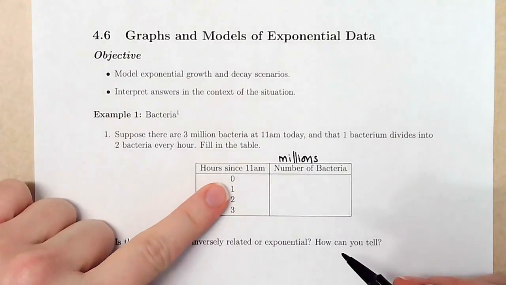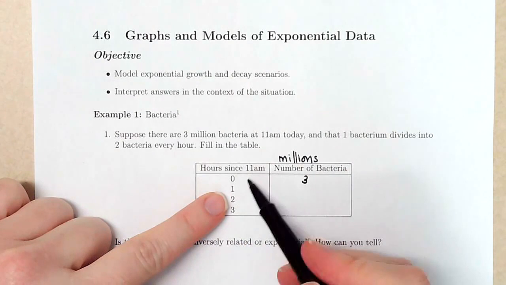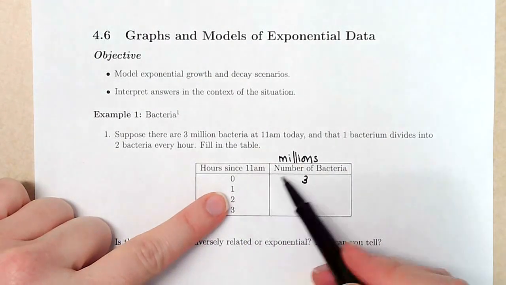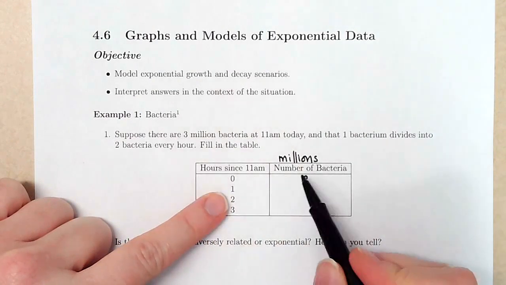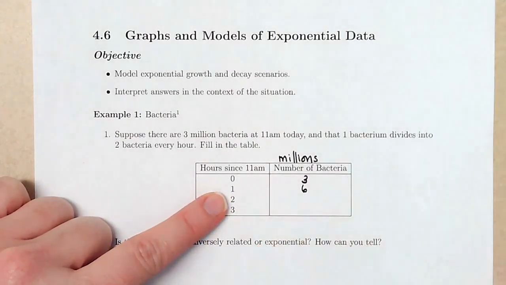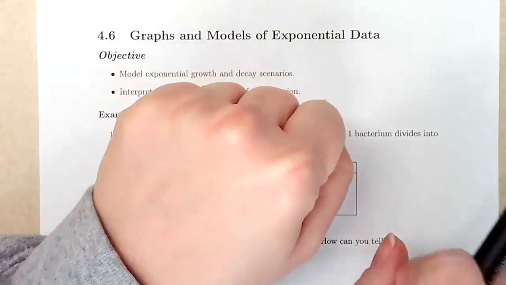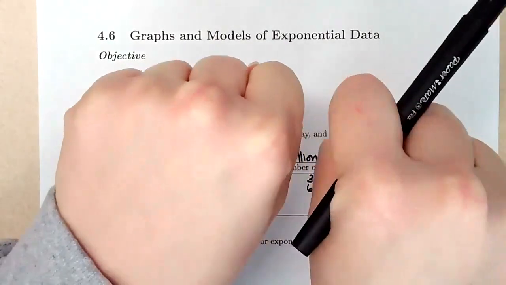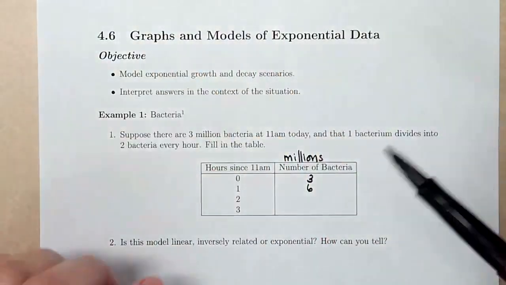Okay, so at 11, 3 million. At noon, well, each one of them divided into 2. So there should be 6 million, because every one now became 2, right? So everyone became 2, and so we have twice as many.